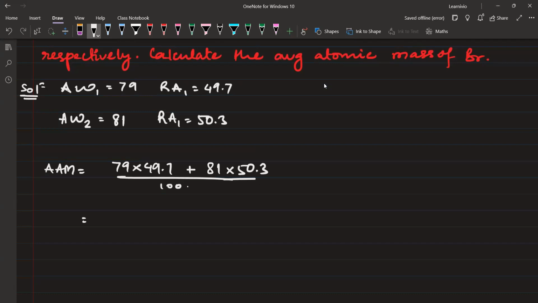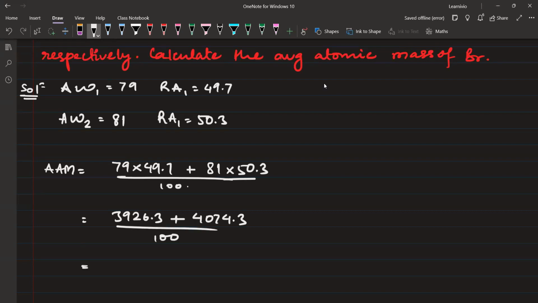Now we have 79 into 49.7, which is equal to 3926.3, plus 81 into 50.3, which is equal to 4074.3, whole thing divided by 100.